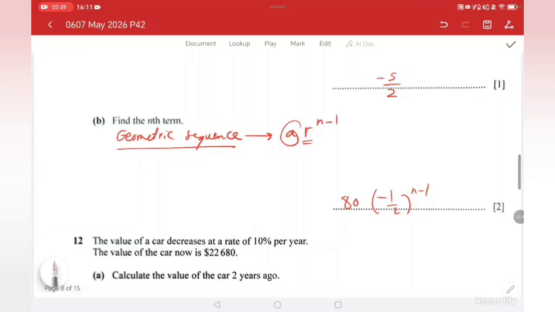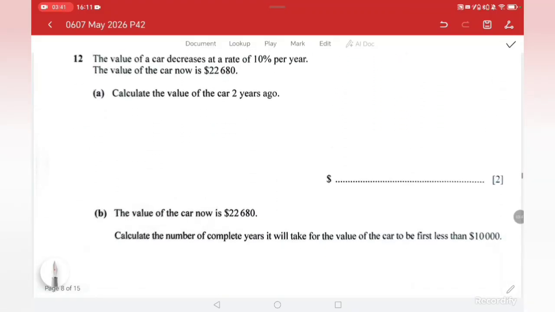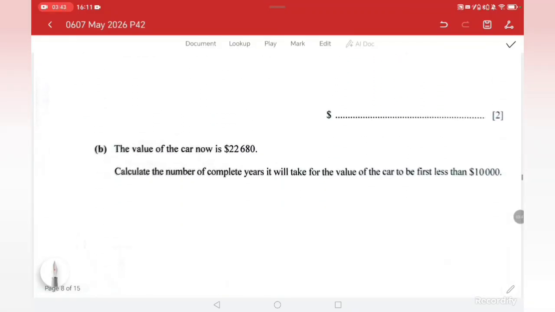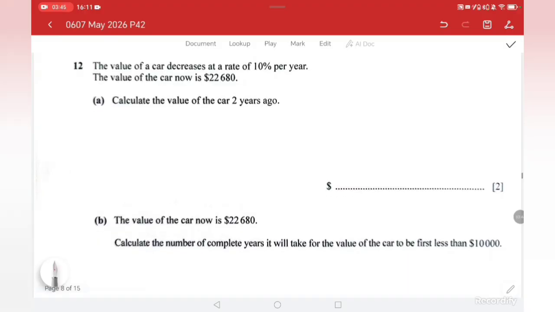Next one. The value of a car decreases at a rate of 10% per year. So number one, it's decreasing by a percent. This is like compound interest, but decay, and decreasing means negative.